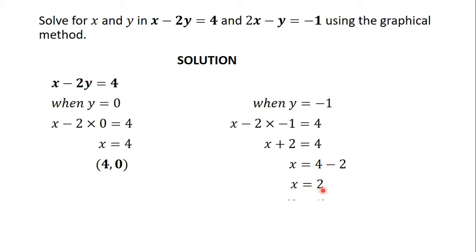Then x will be equal to 2. So you find the second coordinate, because when y is equal to negative 1, x is equal to 2. So the coordinate, or the point, is (2, -1). So you see that with this assumption, I've been able to find 2 points on this line. Now with these 2 points, I can plot them and draw a line. Okay, so I've done that for the first one.